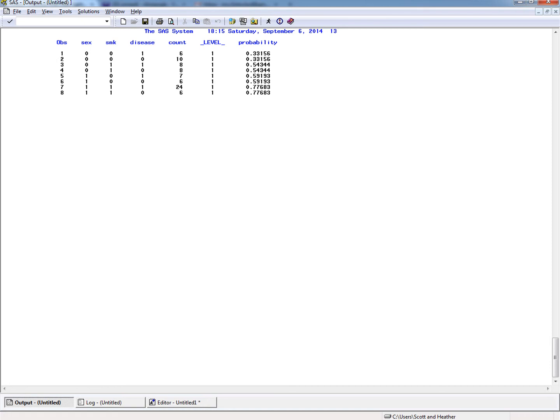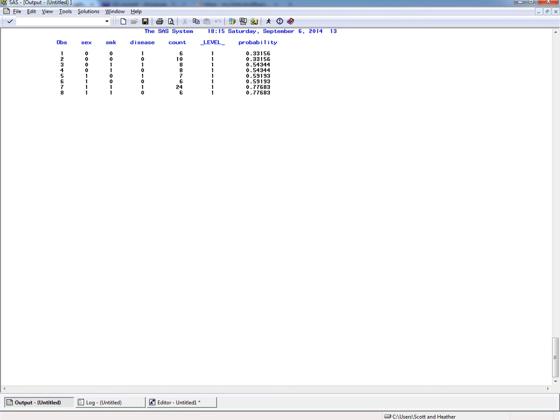Now notice all other combinations of X's have estimated probabilities in excess of 50%. So that means we're going to predict that everyone else has the ailment. And of course, for the ones that in fact do, that's a correct classification.